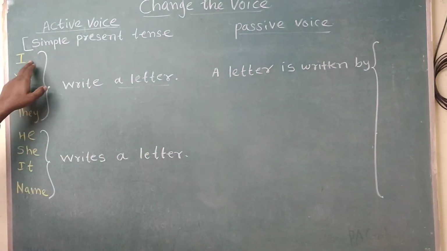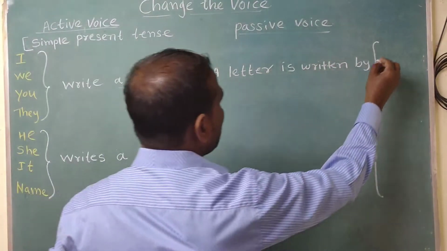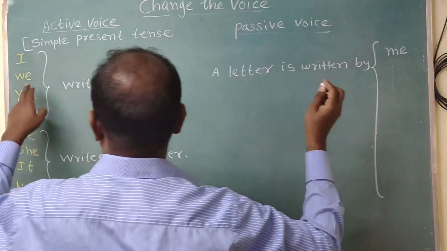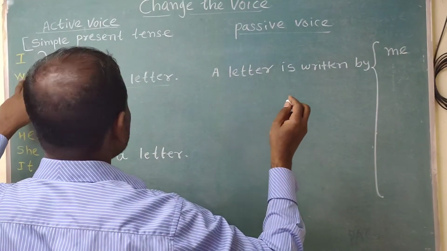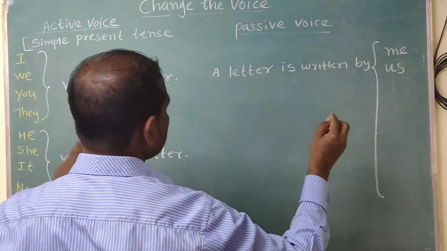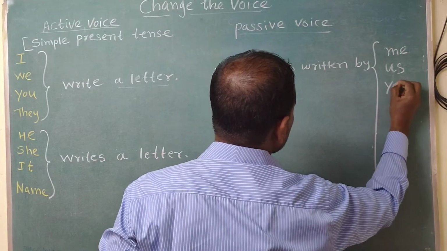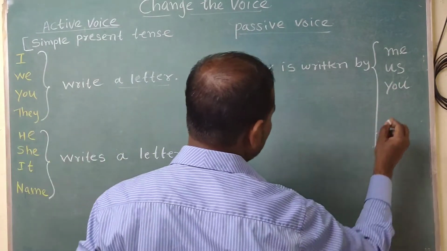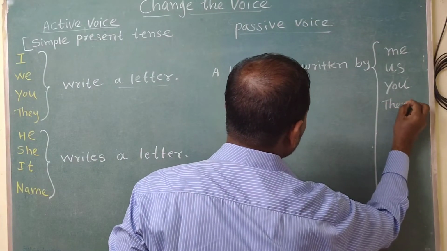Now if the subject is I, then we have to use by me. If the subject is we, then we have to use us. If the subject is you, then we have to use you only. Then if the subject is they, then it will become them.